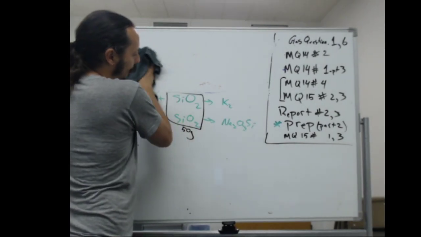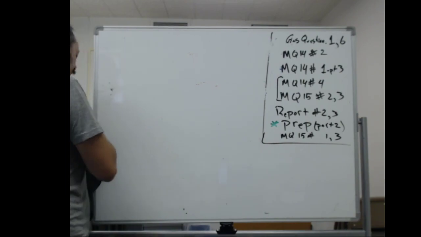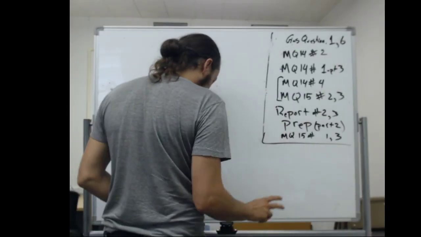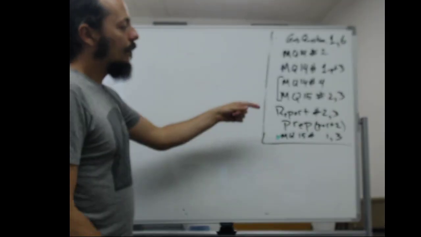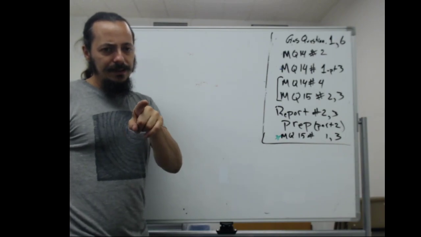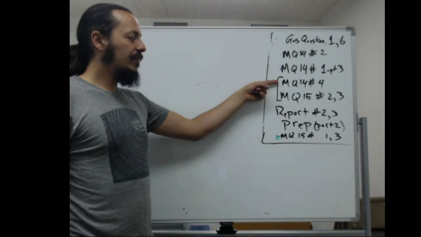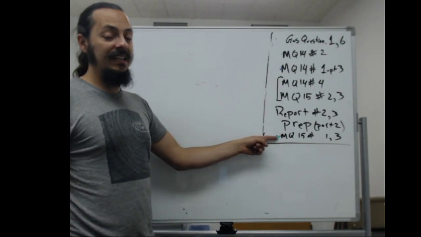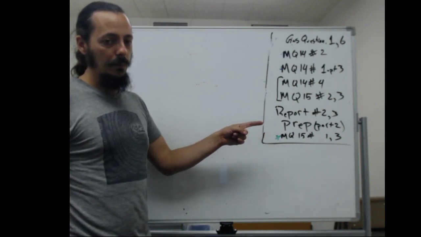I'm just going to do number 3 and see if this works for kind of explaining the other things. Well, let me ask. Mastery question set 14 number 4 or mastery question set 15 number 3? 15 number 3 would be good for me.